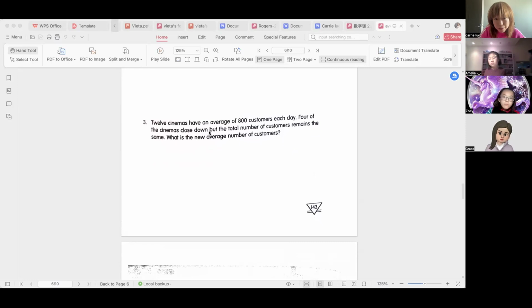Okay, so 12 cinemas have an average of 800 customers each day. 4 of the cinemas closed down, but the total number of customers remains the same. What is the new average number of customers?